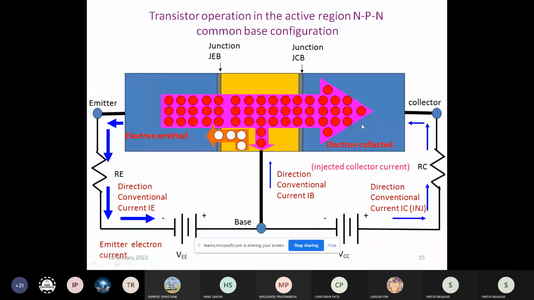That's why all the electrons flow through the collector terminal, and only some holes move through the emitter terminal.